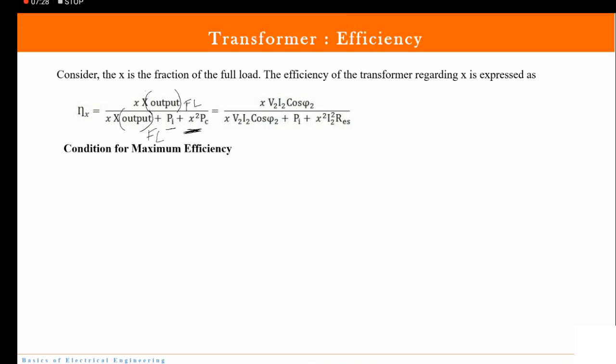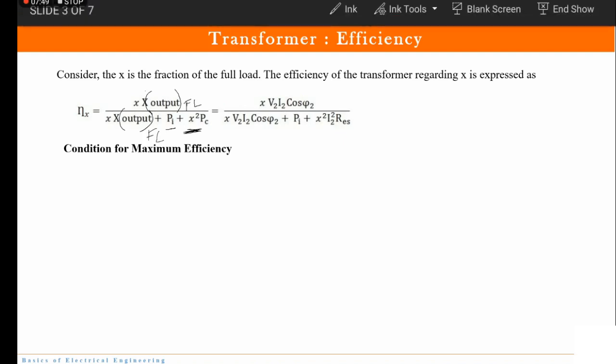Now let us arrive at a condition which is maximum efficiency. Now whenever we are operating any device, whenever we purchase something, what do we require? We require that it should give us maximum output, isn't it? Right. So we also want maximum efficiency from transformer.